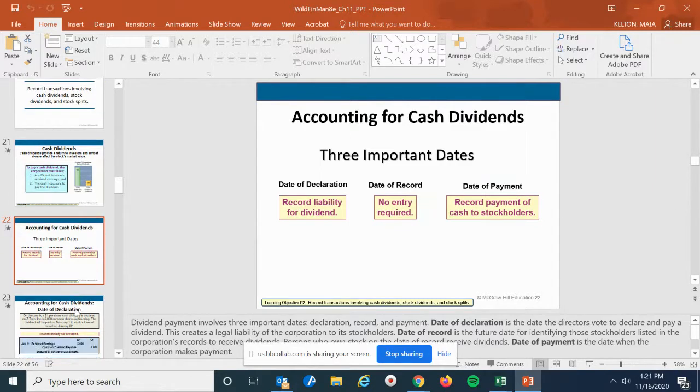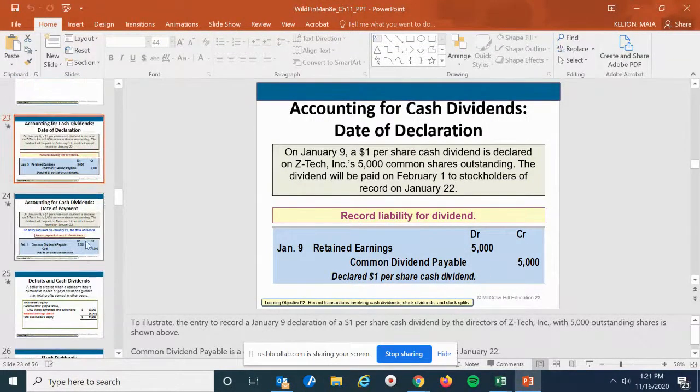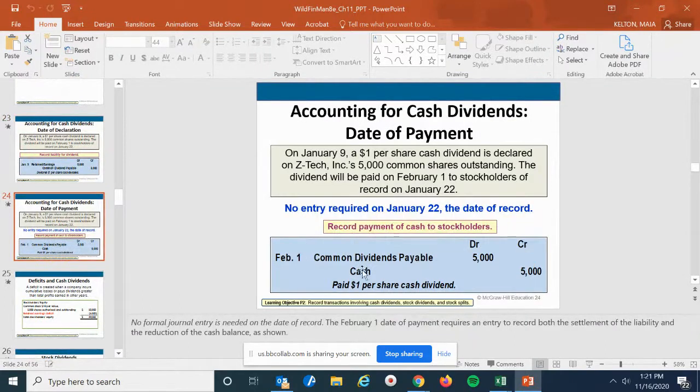So this is pretty straightforward. On the date of declaration, the company will show the credit to liabilities, and then the debit to retained earnings. And then at the time of payment, the liability will go away, and then cash will decrease as well.